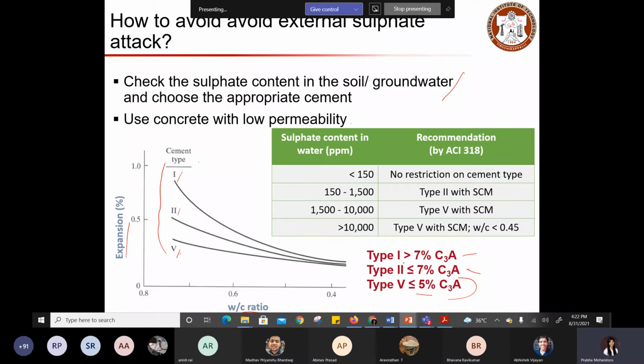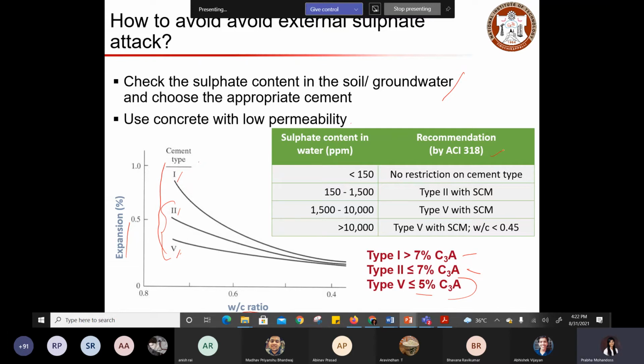Type 1 typically contains higher C3A content, type 2 contains C3A content lesser than 7%, and type 5 contains C3A content lesser than 5%. So when you use these types of cements, you can expect less expansion, and thus the degradation will be lesser compared to type 1 cement.